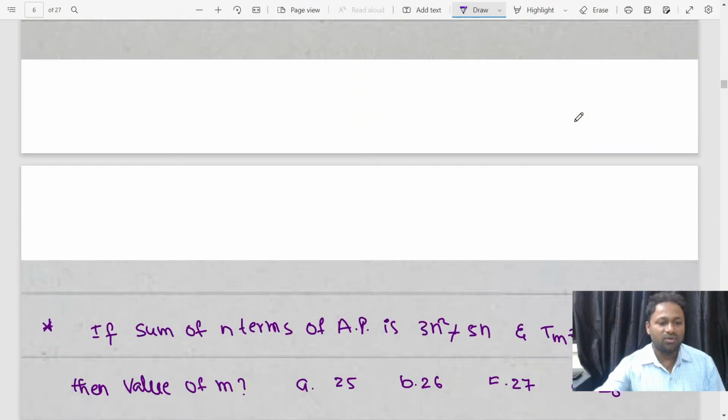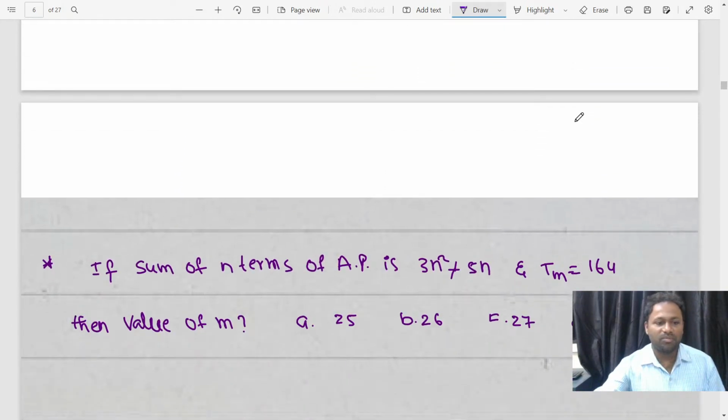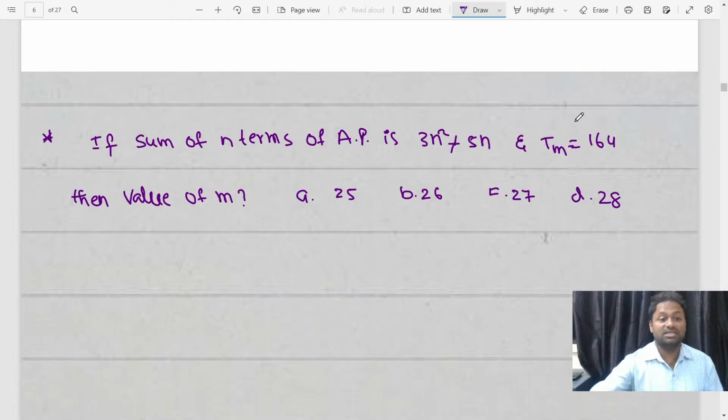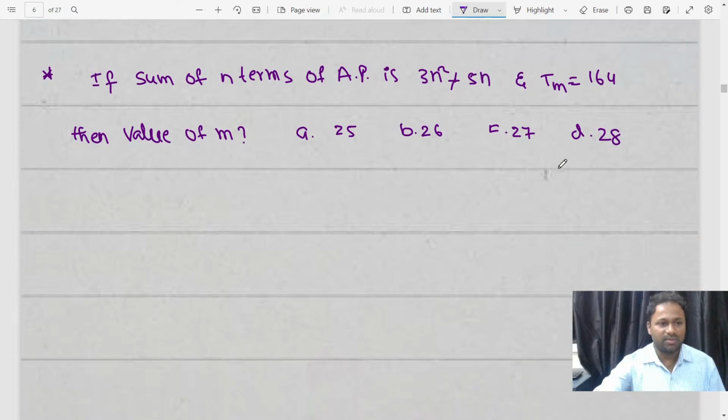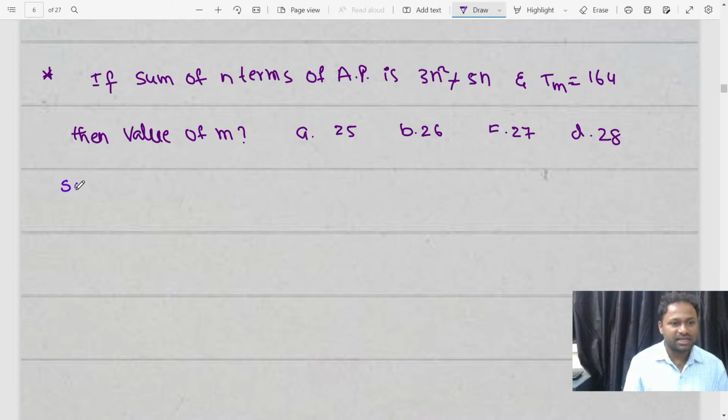Okay, now we are going to do one more problem, which is different from the previous problems. What is that problem? As we have seen before solving, we need to know what was given in the question, right? Sum of n terms is given.